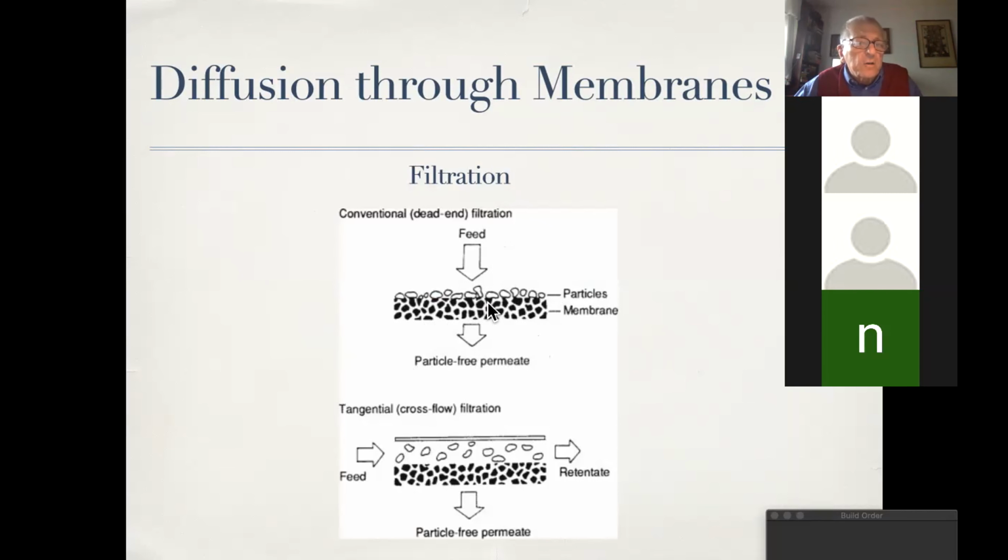This is a perpendicular, or conventional, also called dead-end filtration, and this is a tangential filtration where we have a wall and the particles are flowing along it, and even if they flow along, they also have velocities in the perpendicular direction, so they also can sneak through the membrane. This is the most simple of these three processes.